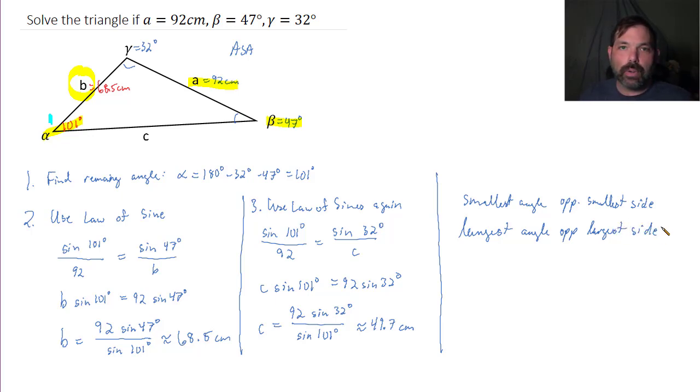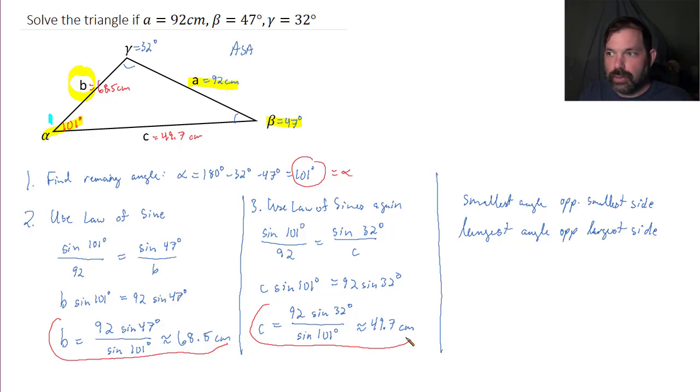It's not going to tell you if you did it right, but it tells you at least it's reasonable. So 32 degrees is smallest. C was 49.7, and looking at the sides, that's the smallest side. The largest angle is 101 degrees, opposite the longest side, 92 centimeters. So at least this is reasonable. I can be fairly confident that alpha is 101 degrees, B is 68.5 centimeters, and C is 49.7 centimeters.